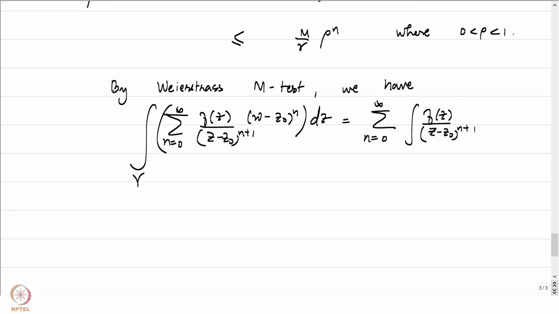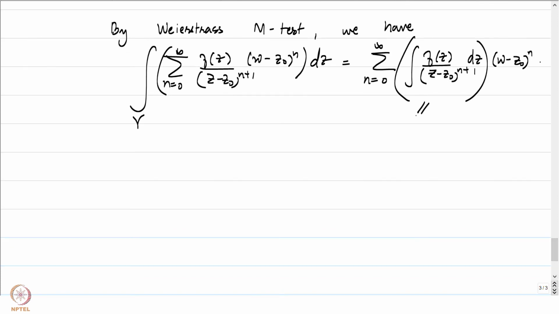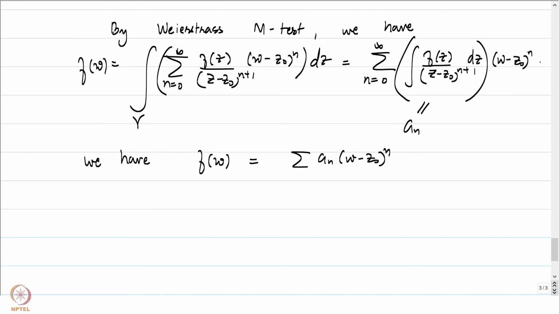And notice that the term (w minus z naught)^n does not have any z featuring in it, and therefore this will just be a number of this type into (w minus z naught)^n. And by calling these numbers a_n, we have, this is f of w, remember that f of w is exactly equal to summation a_n (w minus z0)^n.